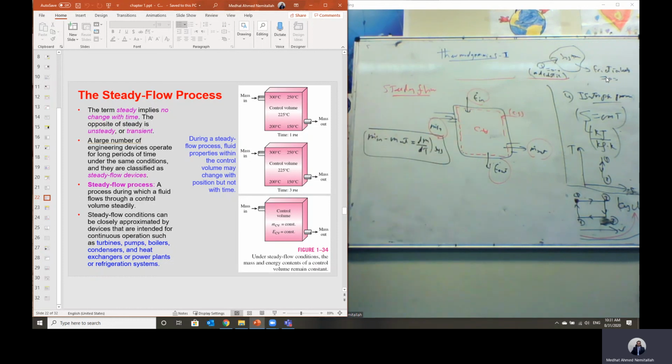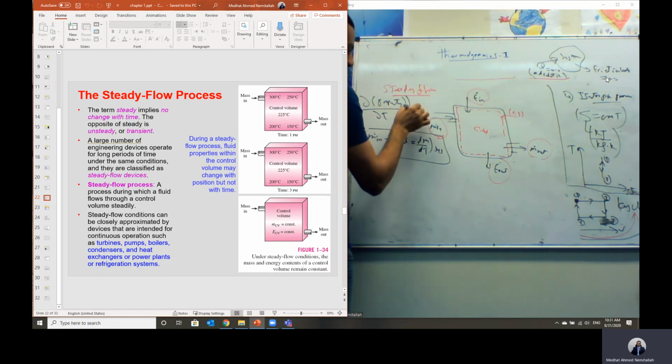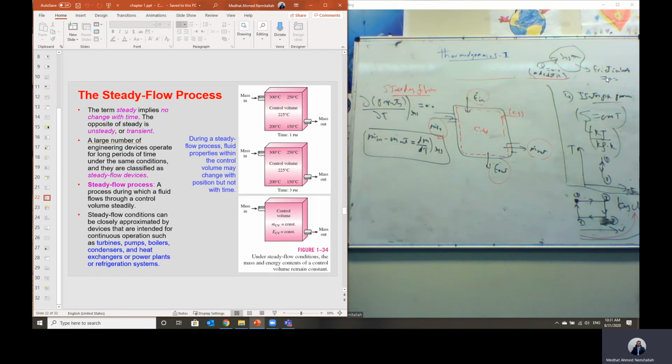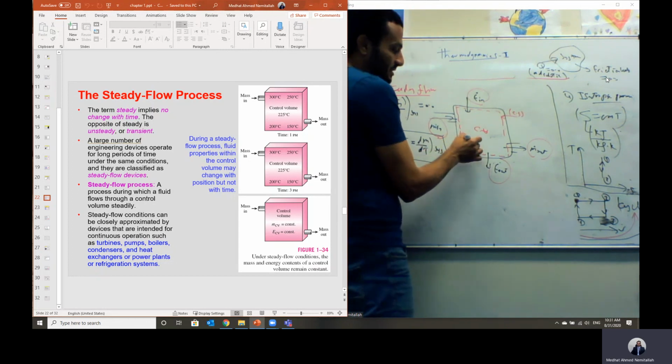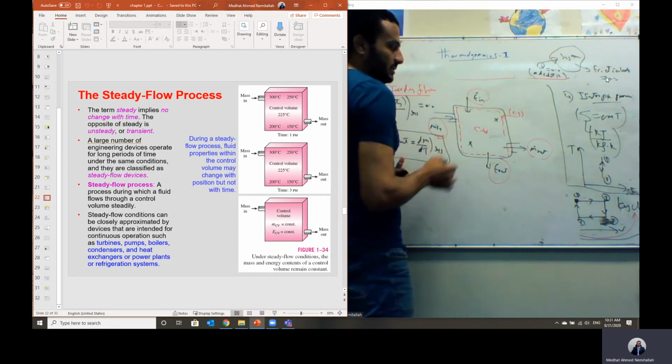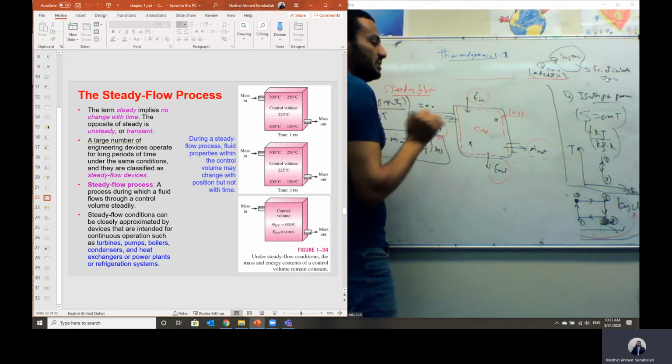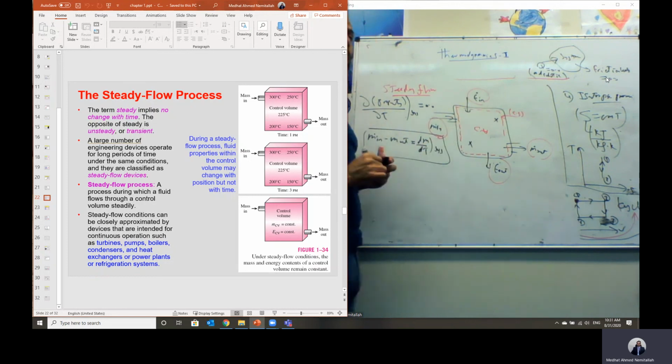We said for a steady process, steady means the change of any property, d by dt with time, within this system should equal 0. Steady process means we don't have a change with time within the system. If we have a steady flow here, the pressure at this point does not change with time, but it can change with location.